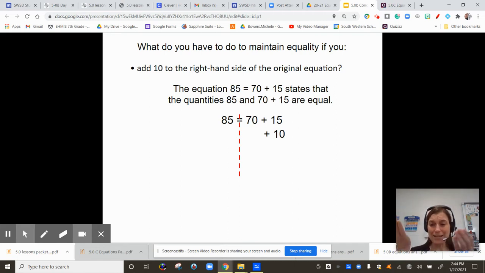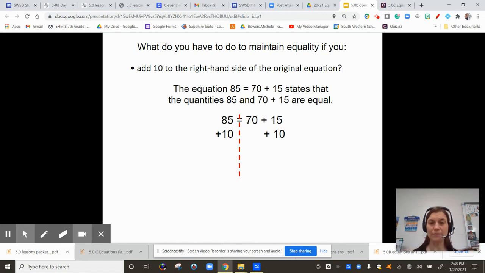But if I add 10 more to that side, it's not balanced anymore. Now I have to add 10 to the other side so that they'll be equal. So now I'm working down. To show that I add 10, I write plus 10 under the 85. And now I work down like I would with a normal addition problem. 85 plus 10 equals 95.